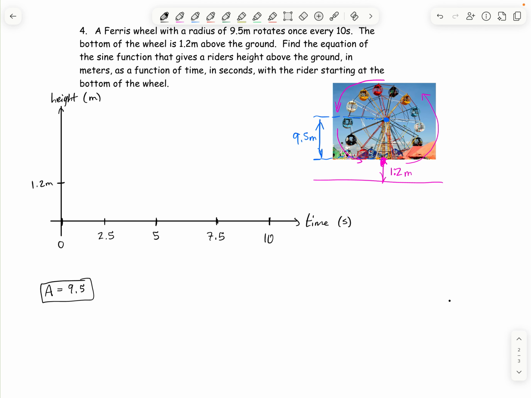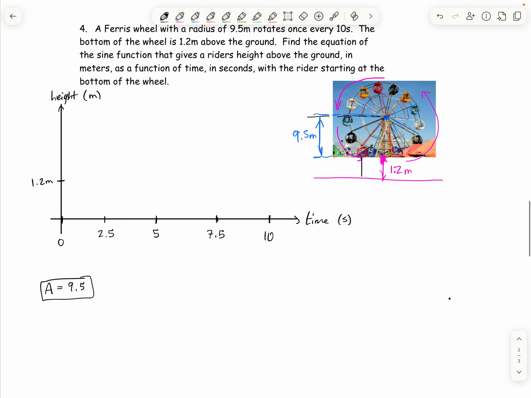The bottom of the wheel is 1.2 meters above the ground, so the center of the wheel is going to be 1.2 plus a radius. The equation of the axis is one radius above the bottom. That's just going to be my d value here.